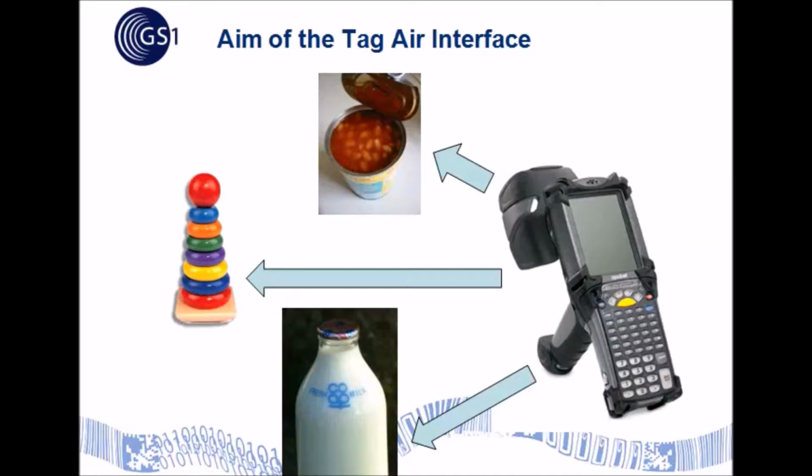Since there are many RFID readers and more and more RFID tags within the induction range, and this wireless signal is broadcast in the air, you need to reduce or minimize the interference between signals. And how to minimize the interference should be defined in the tag air interface.